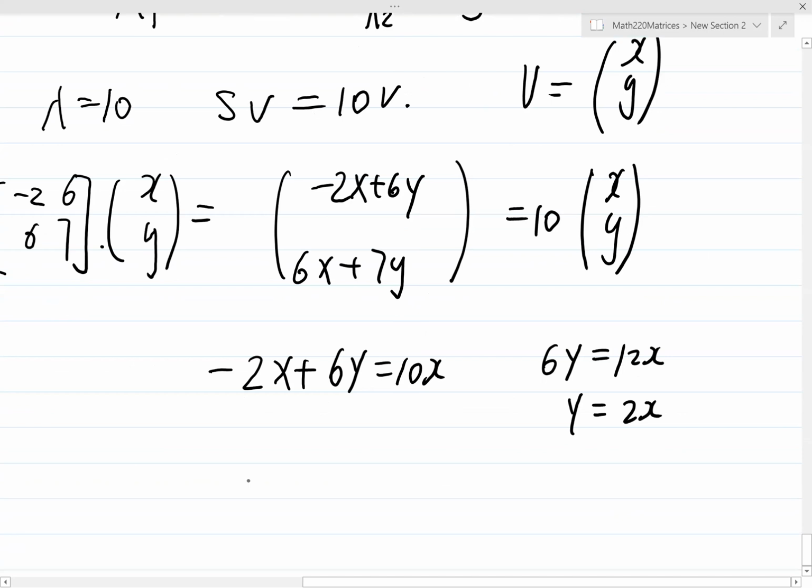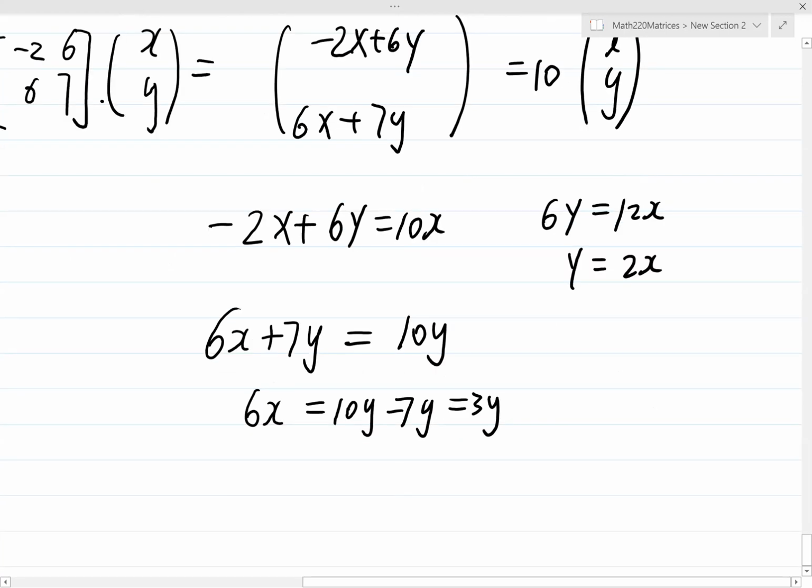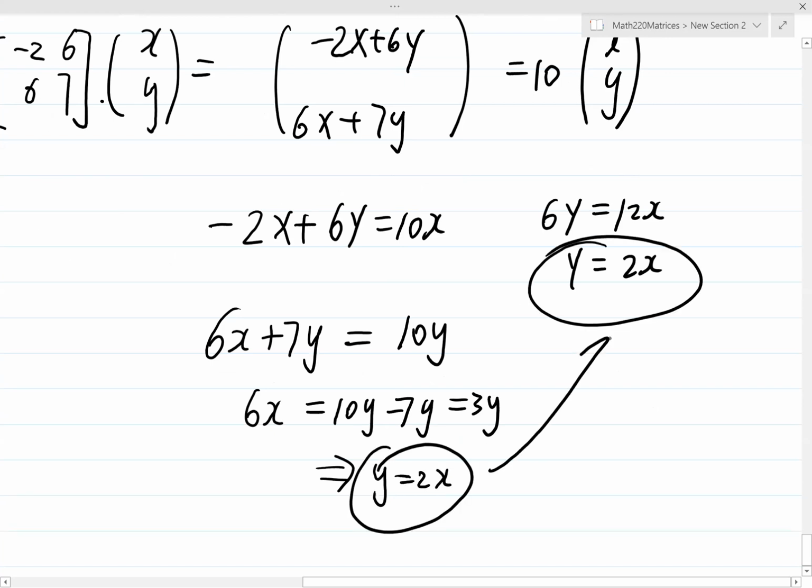Or you can use the second equation, and we should get the same answer. 6x plus 7y is 10y. Moving terms, 6x is 10y minus 7y, which is 3y. If you divide by 3, we get y is 2x again. So the two equations give the same result.